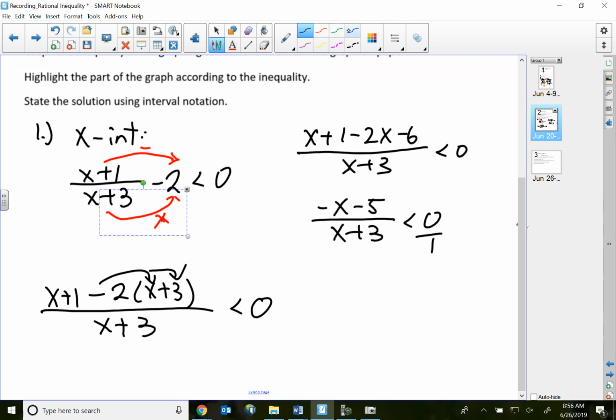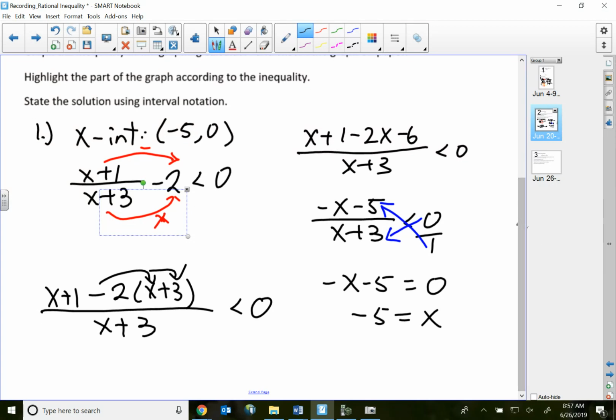Now I can use my cross product. 0 times those is gone. So that would just be negative x minus 5 equal to 0. So x is equal to negative 5. So my x-intercept is at negative 5, 0.